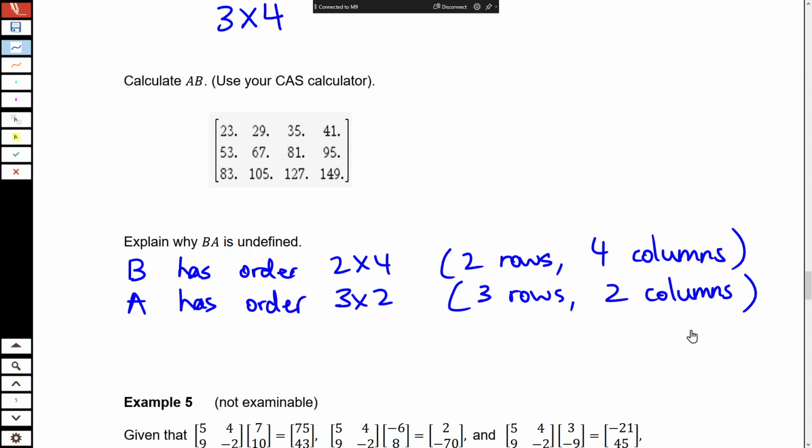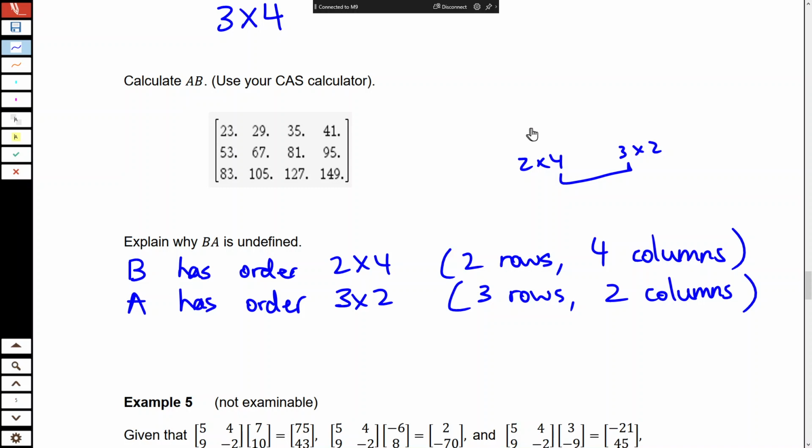What did we need to happen if we were allowed to multiply two matrices? Inside numbers. Now, if I wrote 2, 4, and 3, 2, those numbers are not the same, but I'd like you to explain that in terms of the number of rows and columns in each matrix.